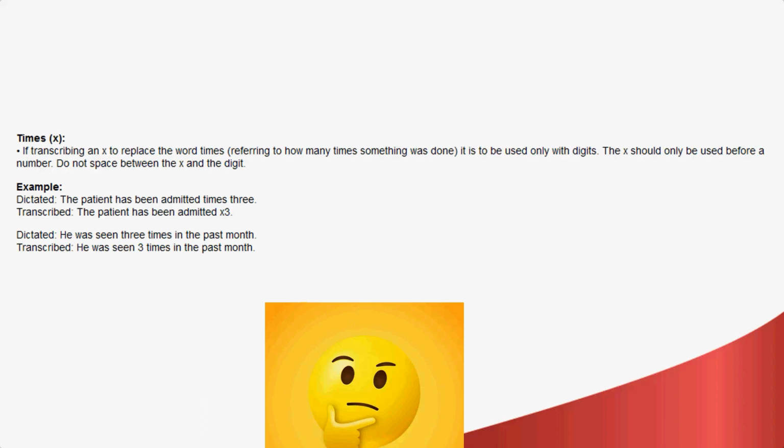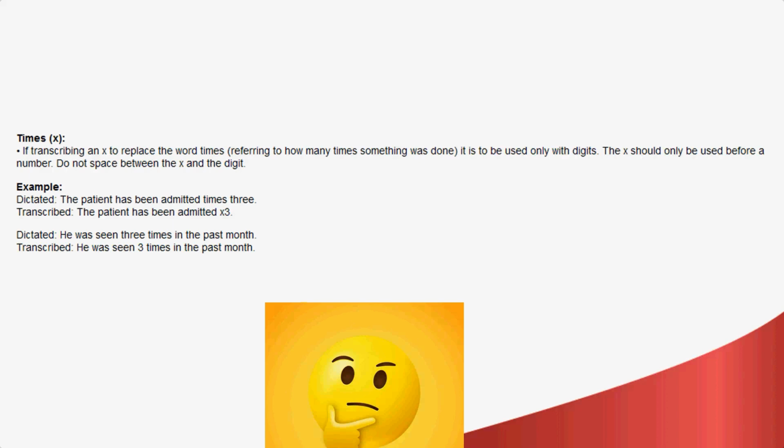An uppercase X represents magnification. So if you said something was magnified times 20, you would put a capital X and then 20. But in this case, we're not talking about magnification, so we're going to use a lowercase x. That's in Book of Style 9.4.2, where it talks about symbols right near the end because it's X. So the patient has been admitted times 3.